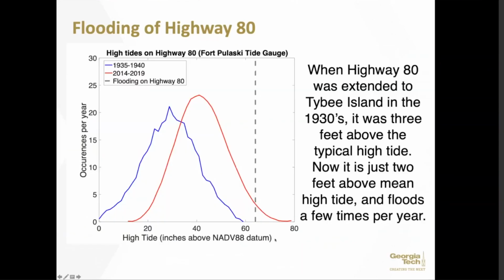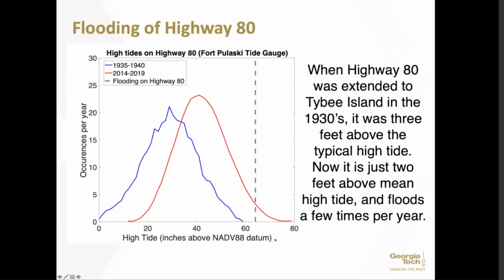And so if we look at some data about water levels and particularly high tide levels from the Fort Pulaski gauge, which started in the early 20th century, here I'm showing 2 histograms in this plot from the Pulaski tide gauge. The blue line is the high tide level above a certain reference elevation.